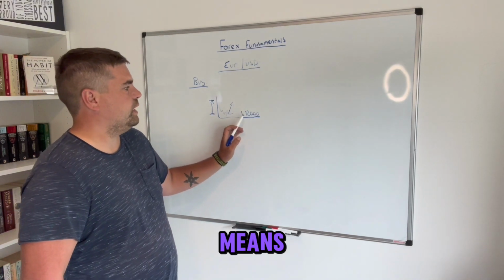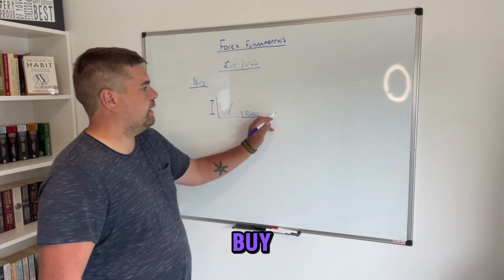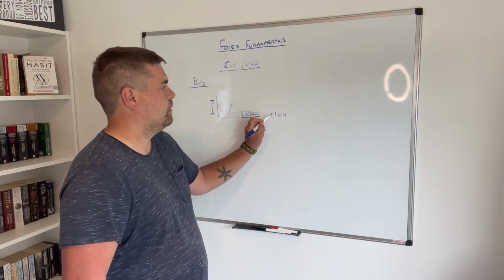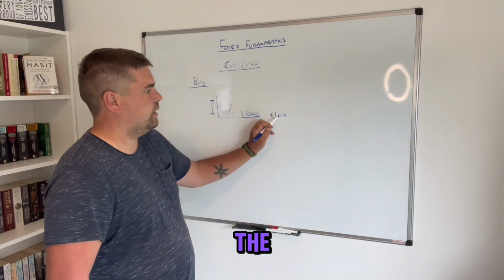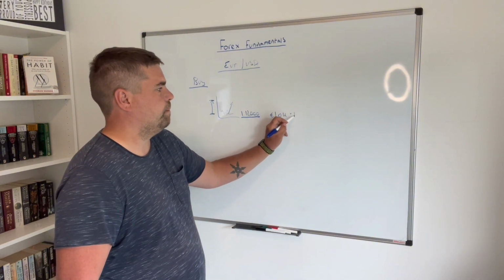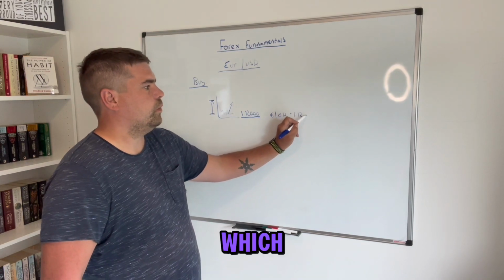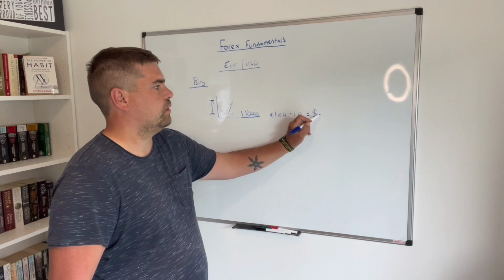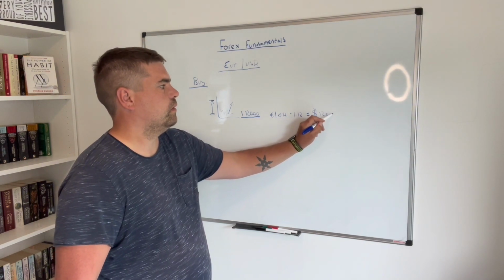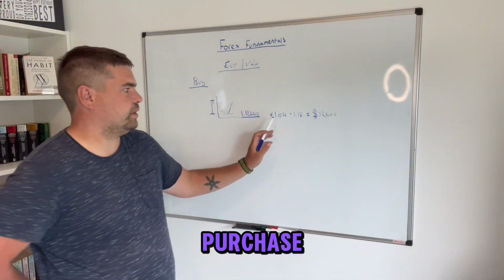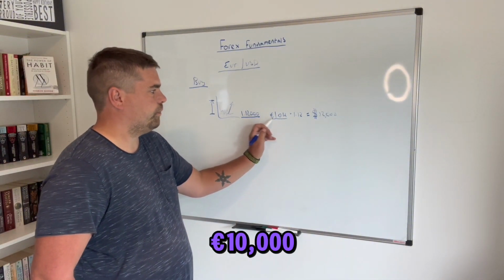So it essentially means that in order for us to buy 10,000 euros, it's going to be 10,000 times 1.12, which means it's going to cost us $12,000 to be able to purchase 10,000 euros.